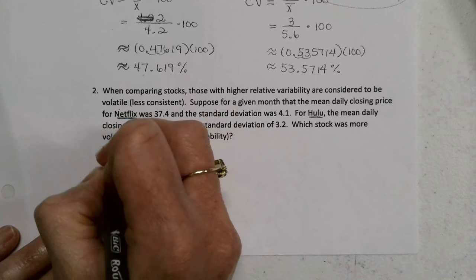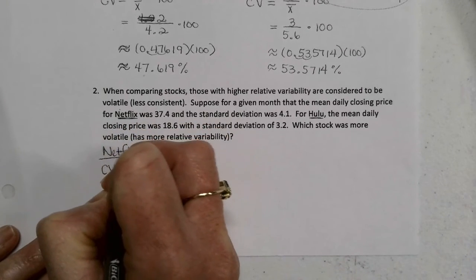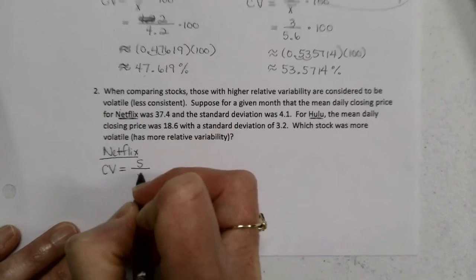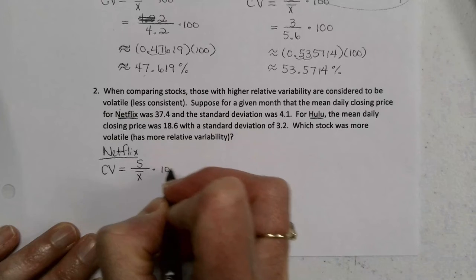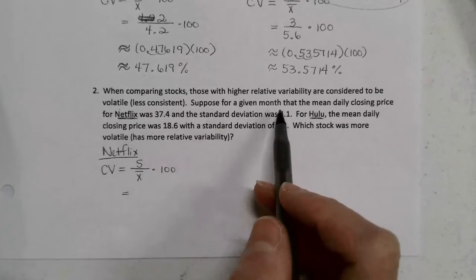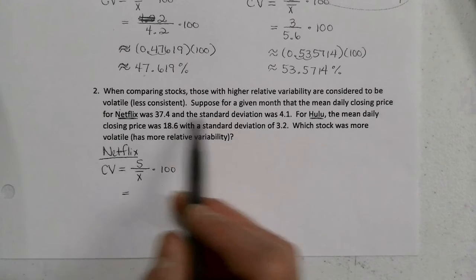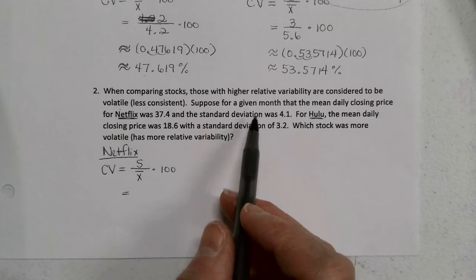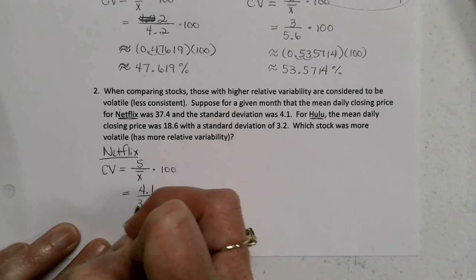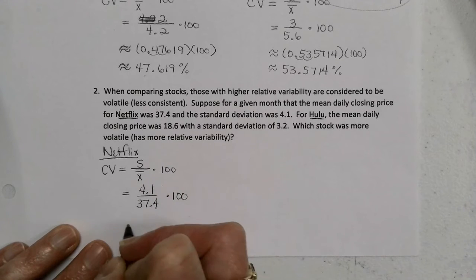When we look at Netflix and want the coefficient of variation, we take our sample standard deviation, divide it by the sample mean, and multiply by 100. For that given month, the mean daily closing price was 37.4. The standard deviation was 4.1. So I'm going to take 4.1 and divide it by 37.4 and multiply that by 100.